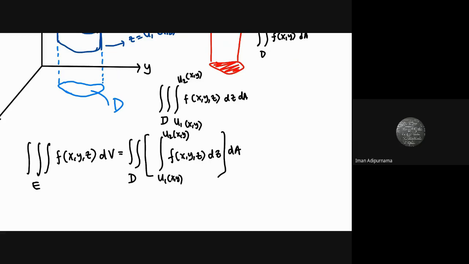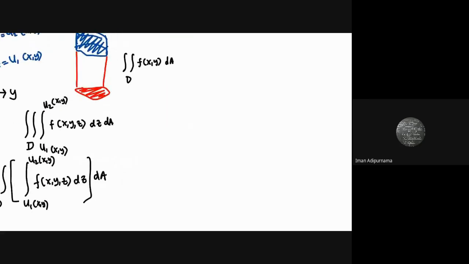So the pattern, okay, in triple integrals, remember that in double integrals, you have constants like a, b, right? For example, if this is dy dx, so this will be x as a constant, and this will be y. Maybe you have equations, for example f1(x), this is f2(x), right?